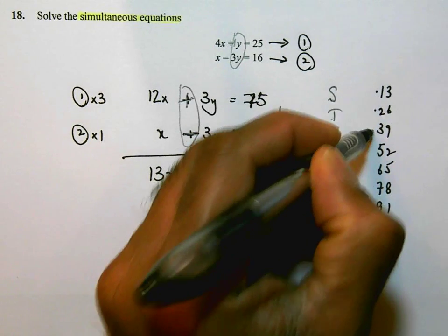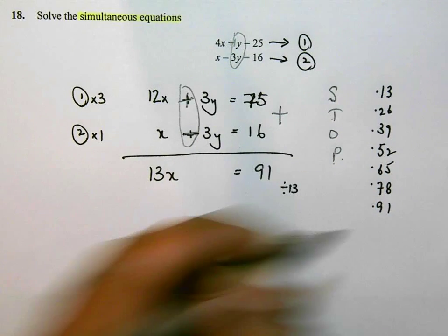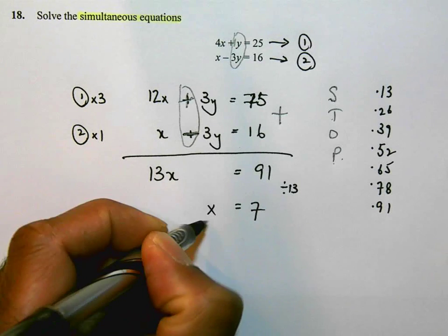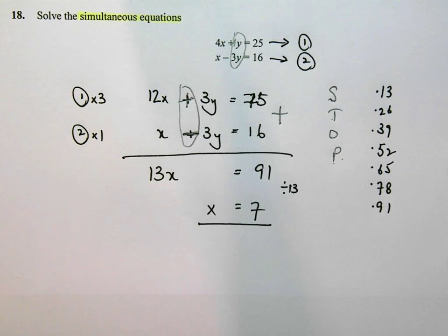So that's 1, 2, 3, 4, 5, 6, 7. 91 divided by 13 is 7. So x is equal to 7.